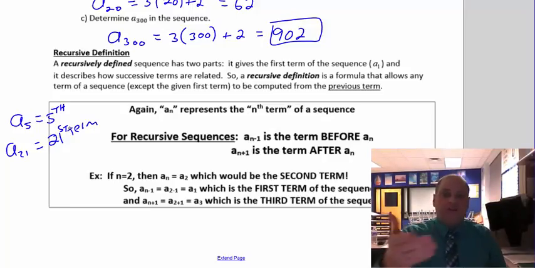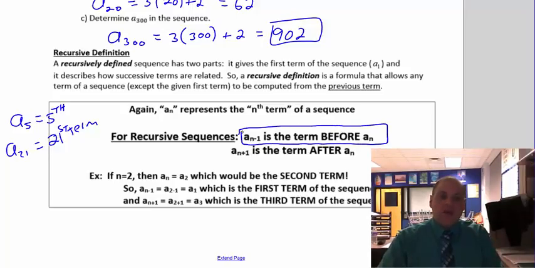That's no different than explicit. But what you're going to start seeing in recursive definitions is this: a sub n minus 1. So instead of a sub n, they put a sub n minus 1. All that means is the term before an.